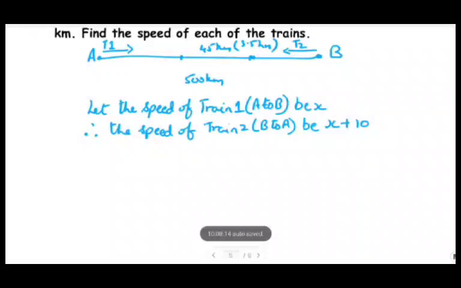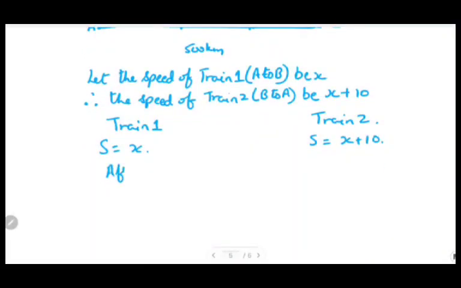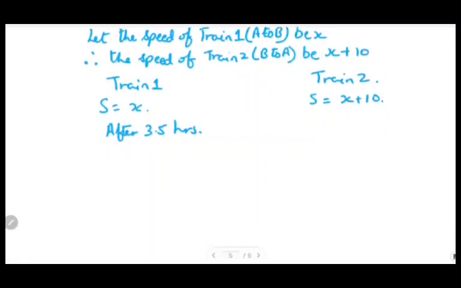Okay, so let's write it down. Speed of train 1 is x. Speed of train 2 is x plus 10. What happens after 3.5 hours to both?